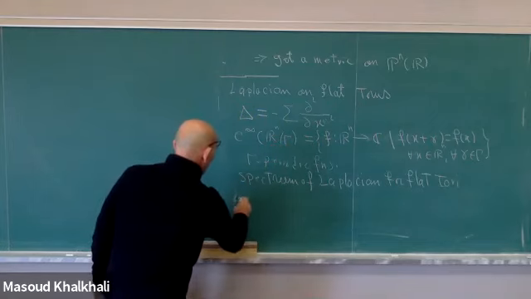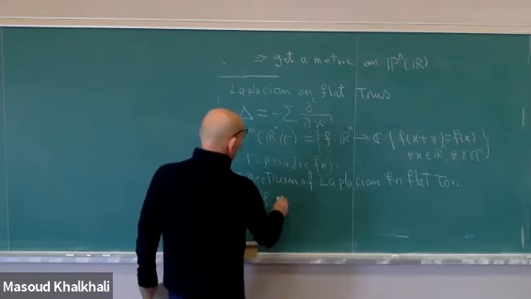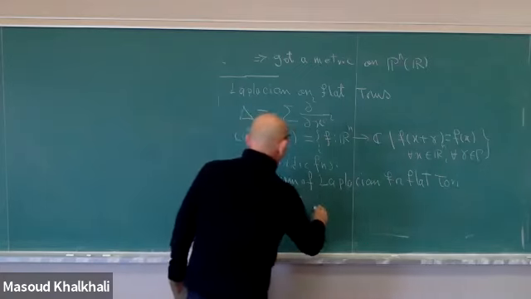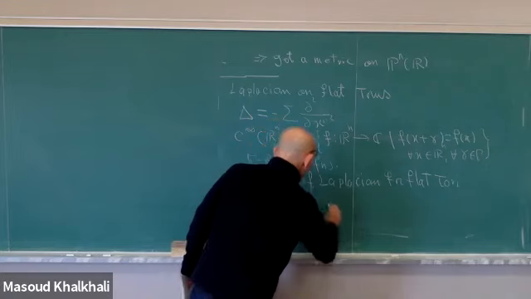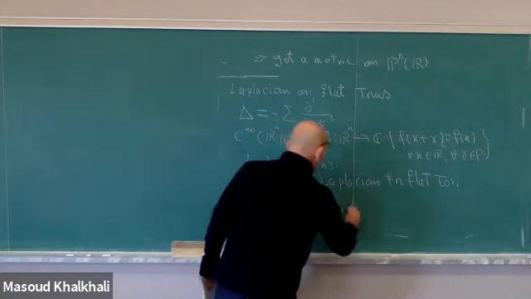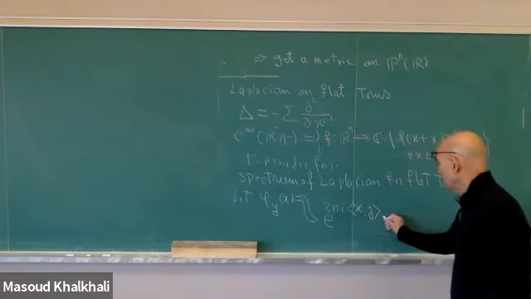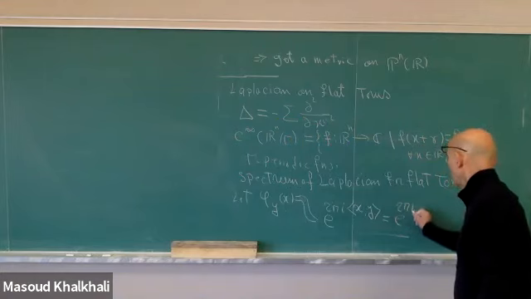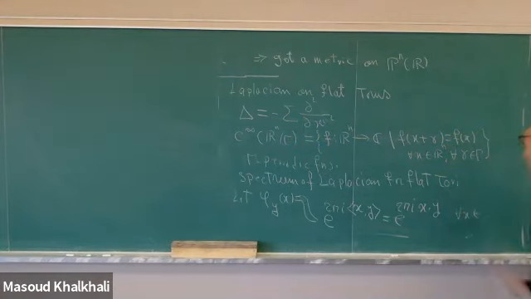Now let phi_y of x be equal to the exponential of 2 pi i times the inner product of x and y. We can even write it as e to the 2 pi i x dot y, for all x belonging to Rn and for all y belonging to gamma star.